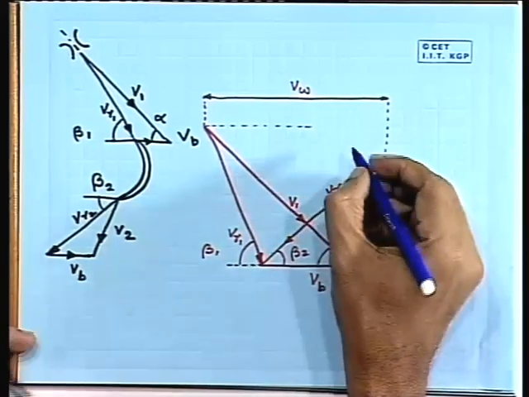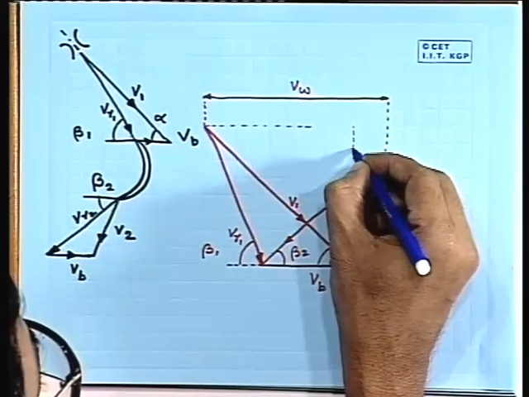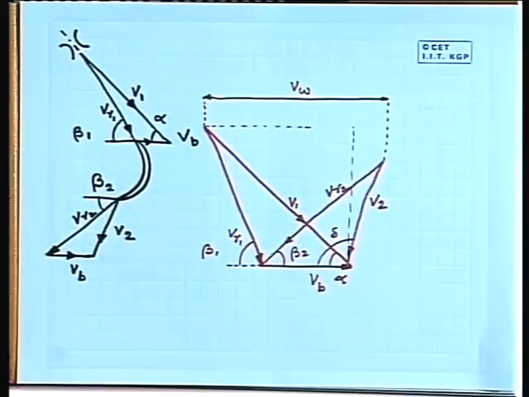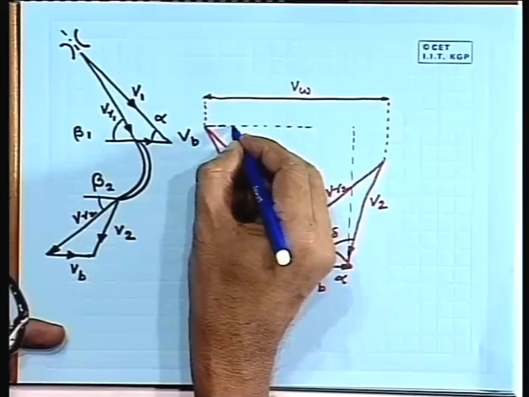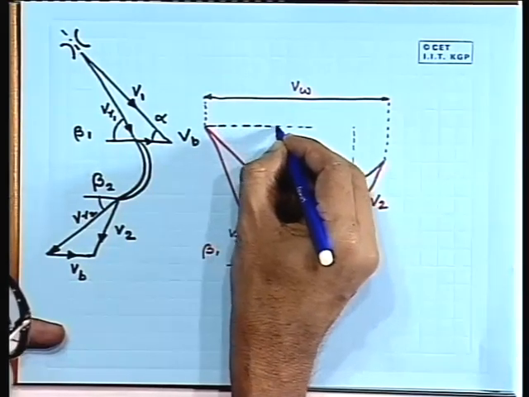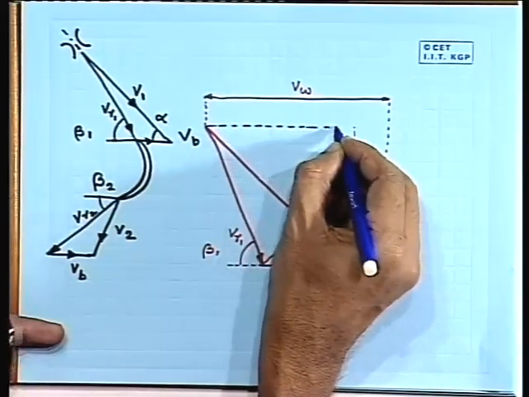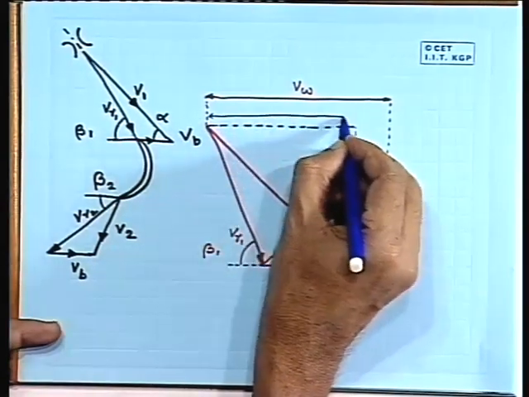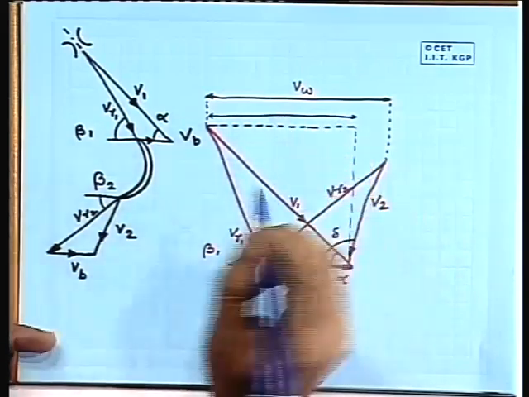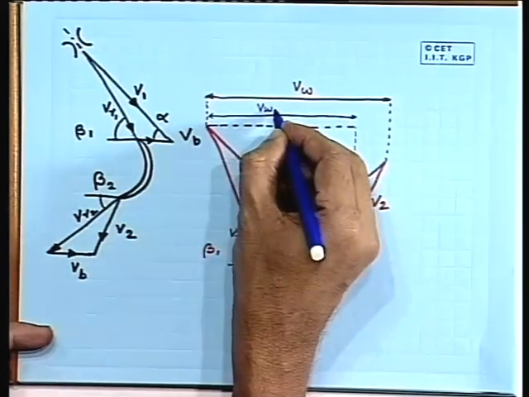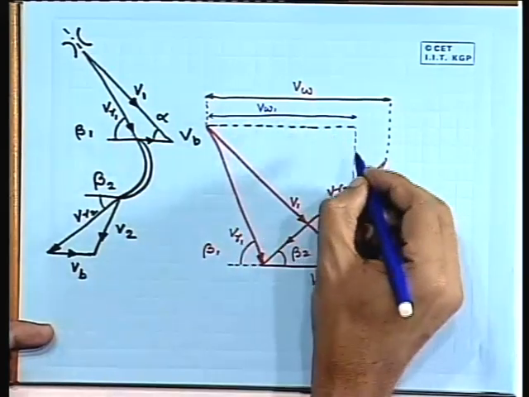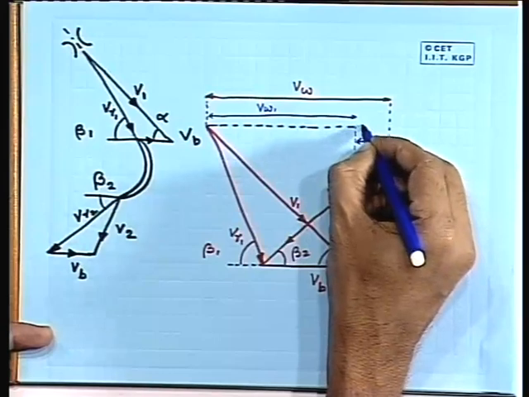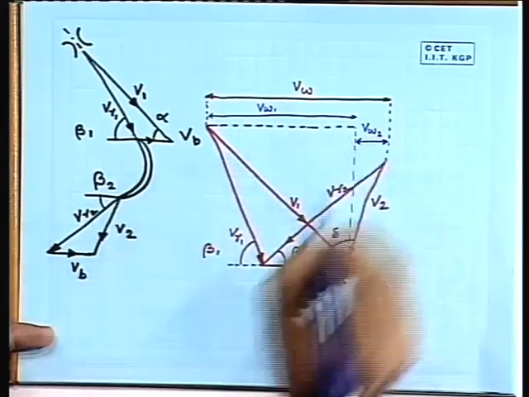Maybe if I use another color, that will be better. This I can call V omega 1 and then this I can call V omega 2.